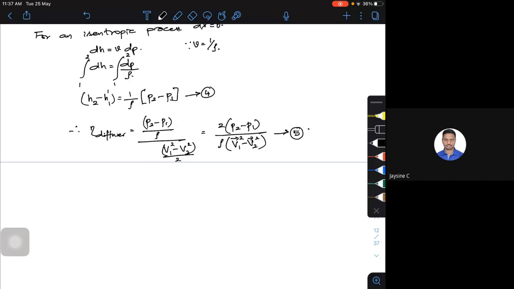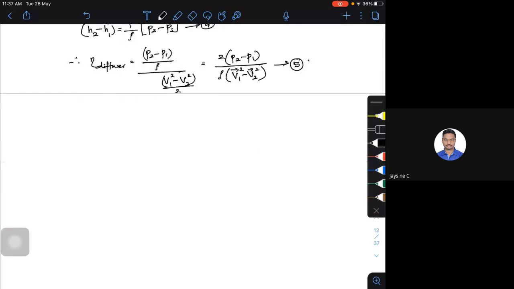But in case of a nozzle, stagnation pressure is more important, whereas for a diffuser static pressure is more important. Why? In a nozzle the fluid is getting accelerated, so stagnation pressure becomes more significant compared to static pressure. So it's something we left out. We'll write it here itself.